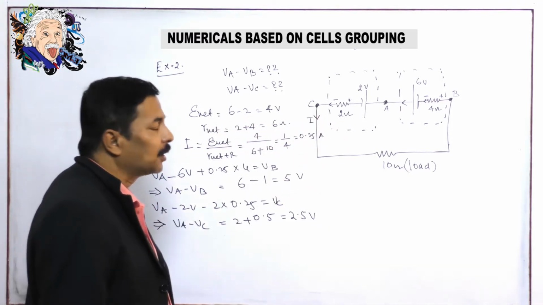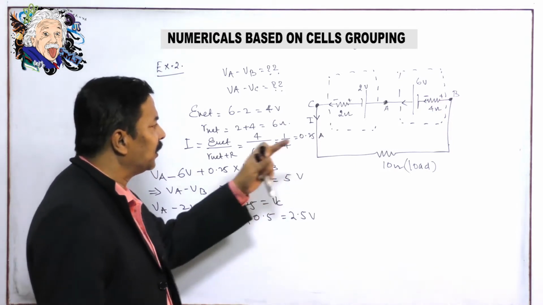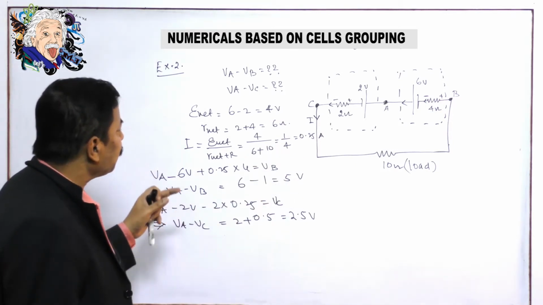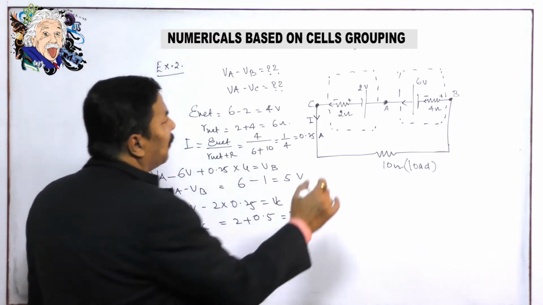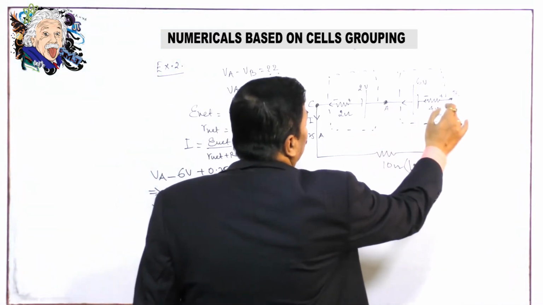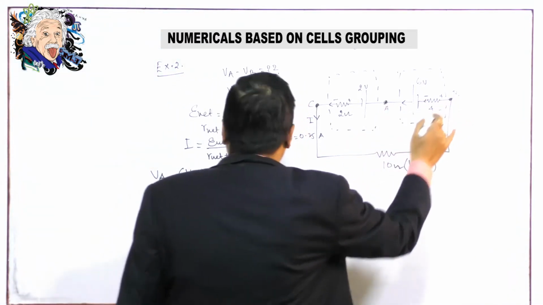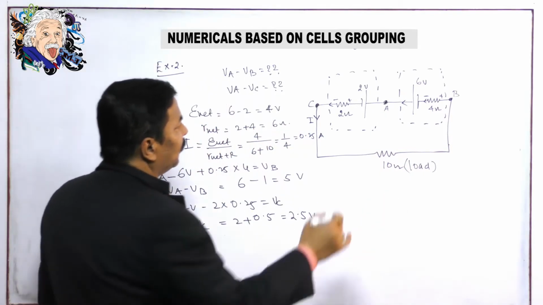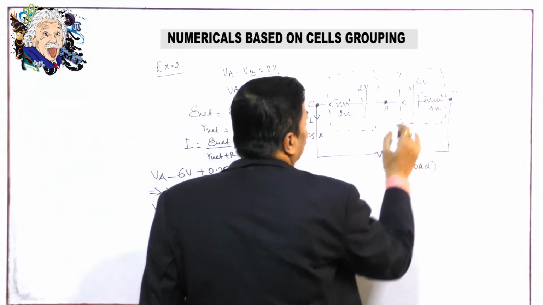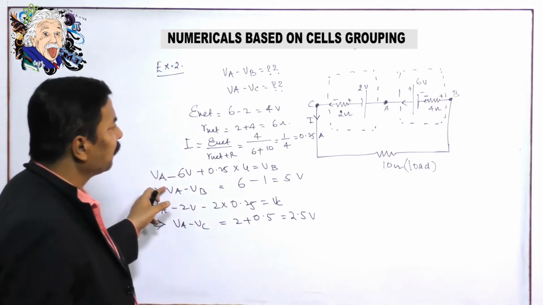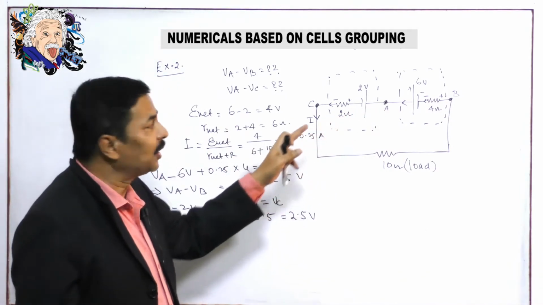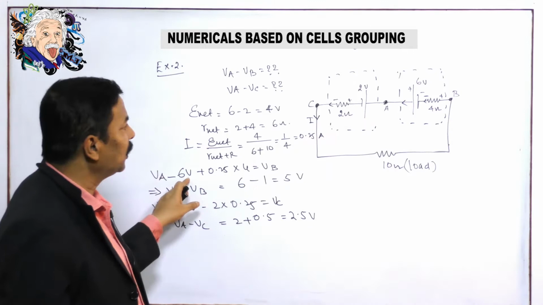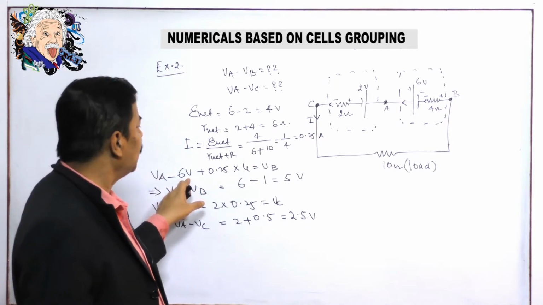Now we will apply Kirchhoff's law in the branch. So what I would like to tell you, from here to here I am moving, VA to VB. So see carefully, this is plus, this is minus. So VA, then there is a decrease in potential, so minus 6 volt. Then further there is an increase.